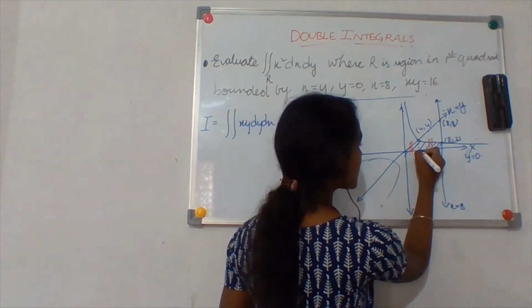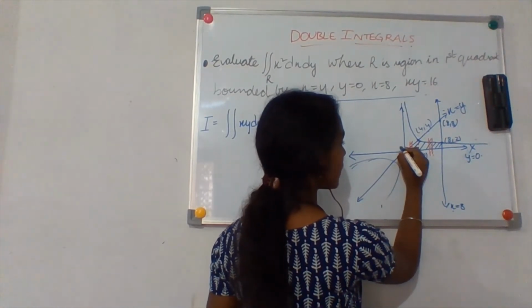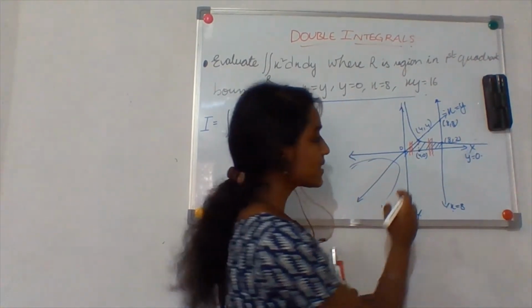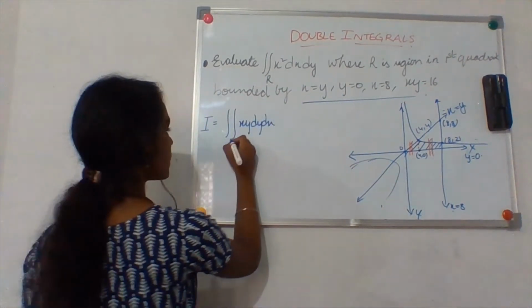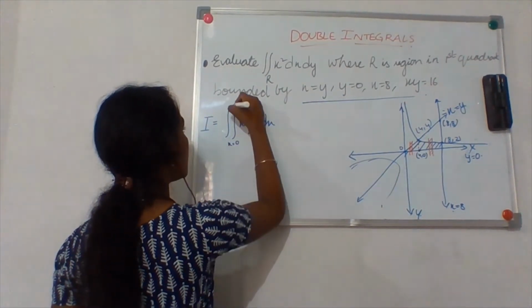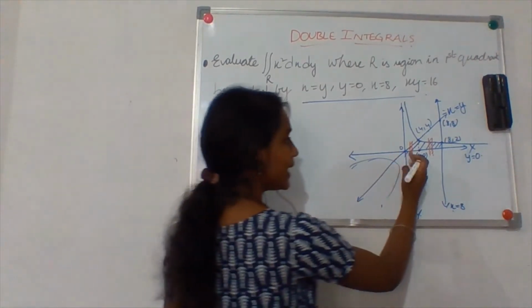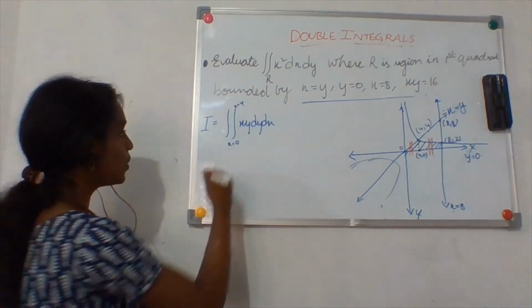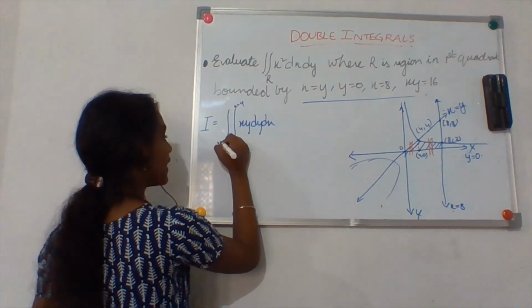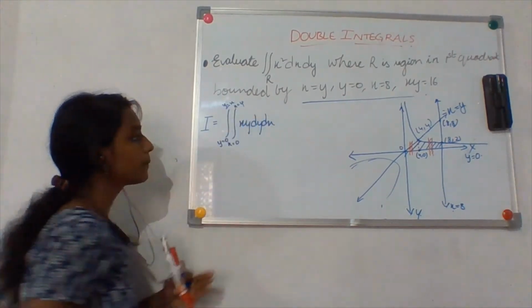What is this point, 4 comma 0? Yes, so this is 0. So with respect to the x-axis, it is moving from 0 to 4, x equals 0 to x equals 4. Now with respect to y, it is moving on the curve y equals x, so y equals 0 to y equals x. Okay. So that is it.